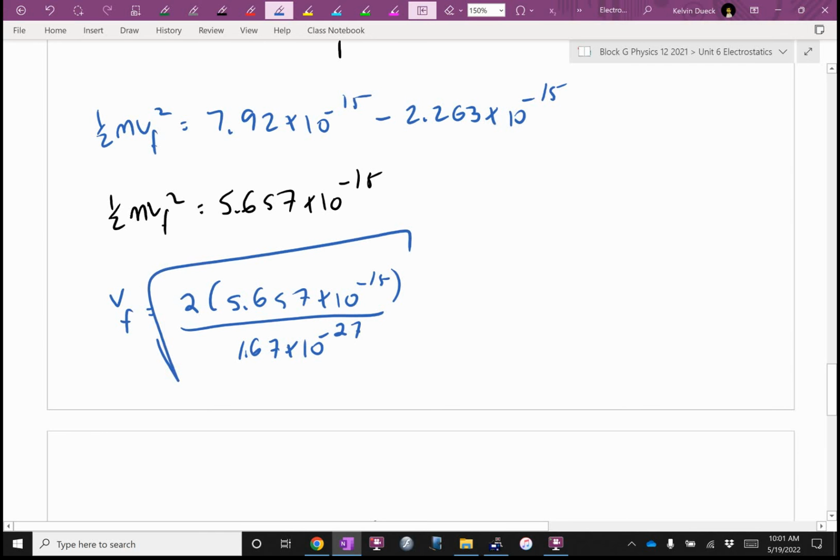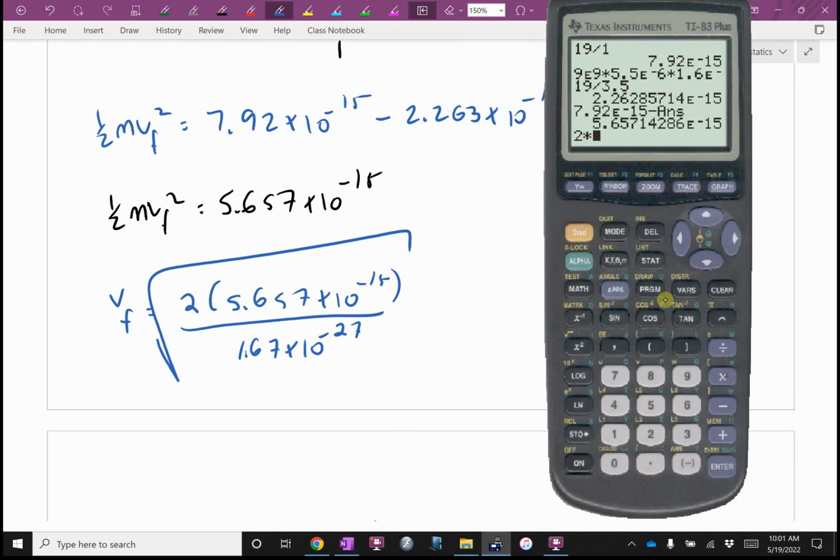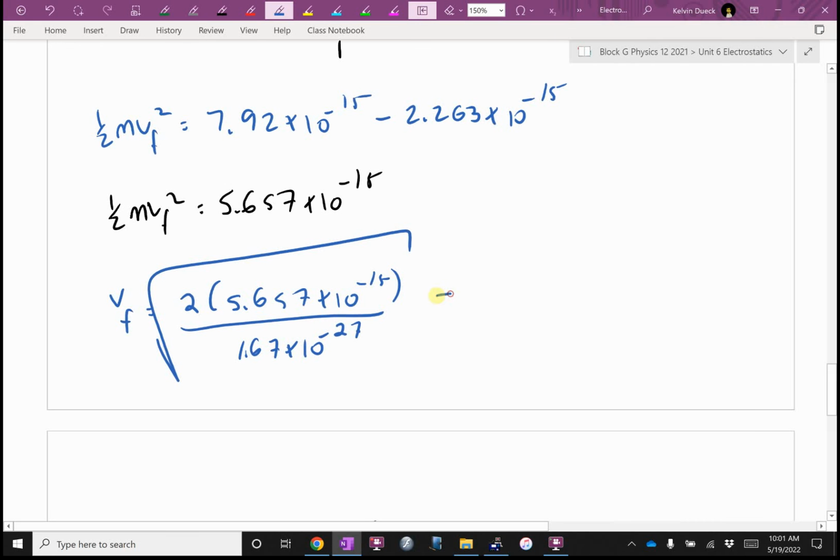Square root. 2 times answer divided by 1.67 times 10 to the negative 27, square root of that. And I get a final speed of 2.60 times 10 to the 6.